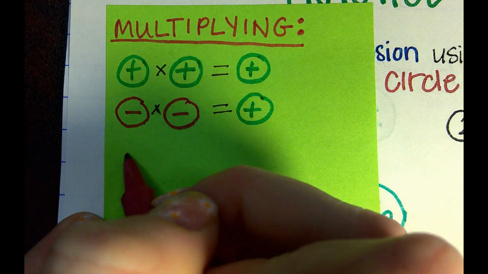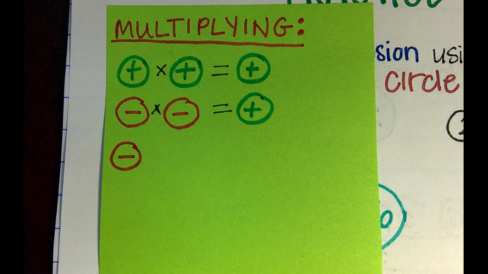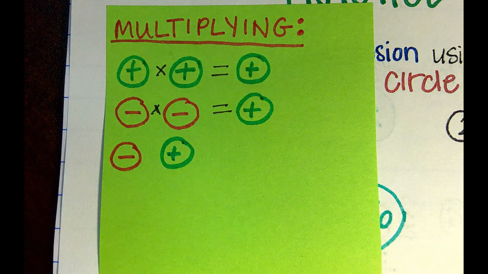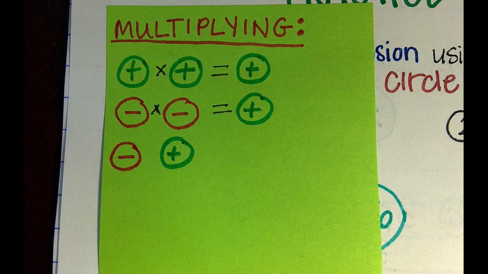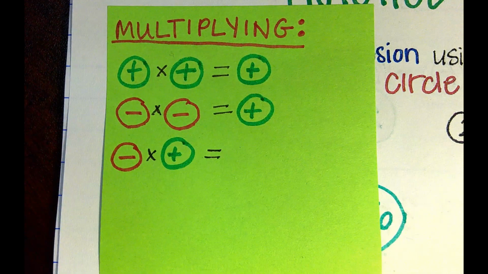Now, what if I do a negative times a positive? Now I'm multiplying different signs. Yes, you will get a negative answer.